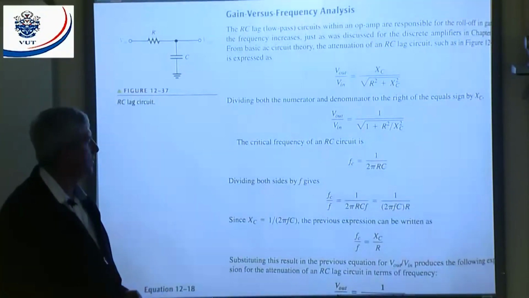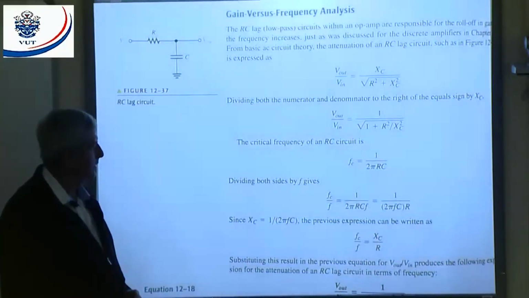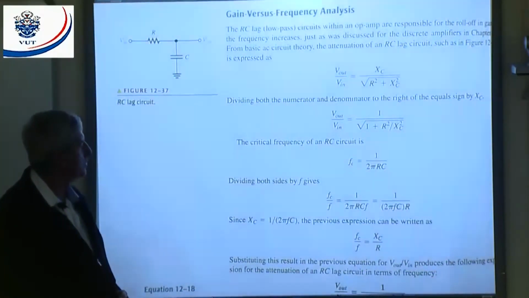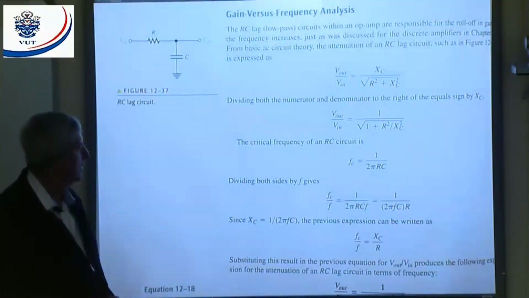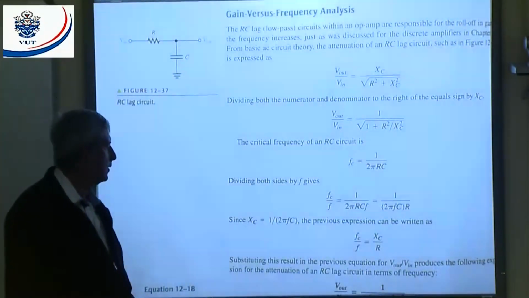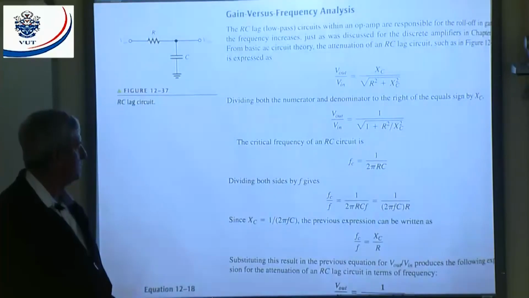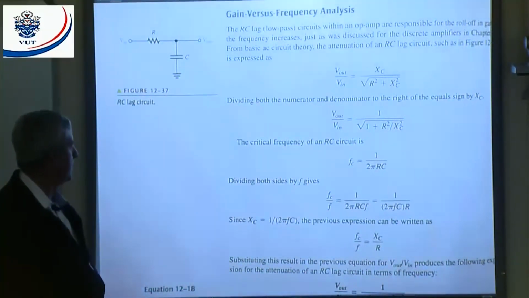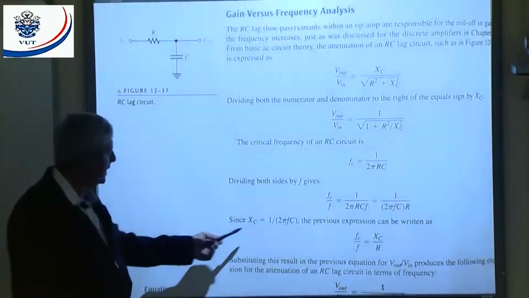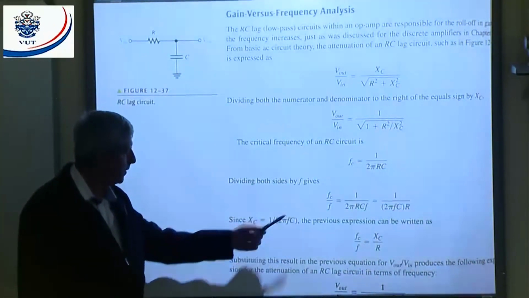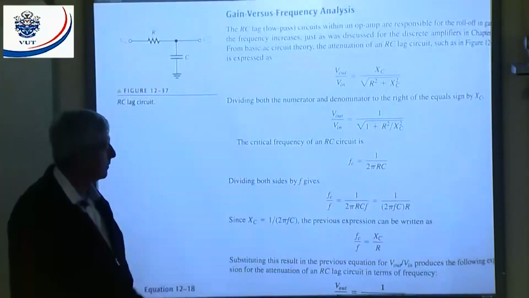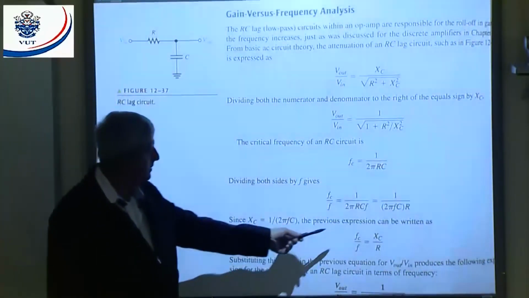They say an op-amp represented by the voltage gain element with a gain of the open loop mid-range plus a single RC lag circuit is shown in figure 12.38. It is known as a compensated op-amp. The total open loop gain of the op-amp is produced by the mid-range open loop gain and the attenuation of the RC circuit. That means in op-amps we sometimes get much more than one stage like that, but we'll come to that a little bit later.